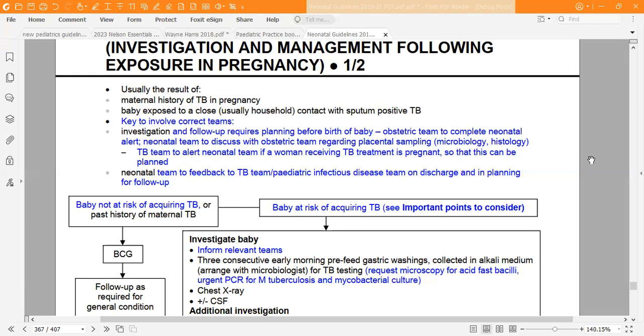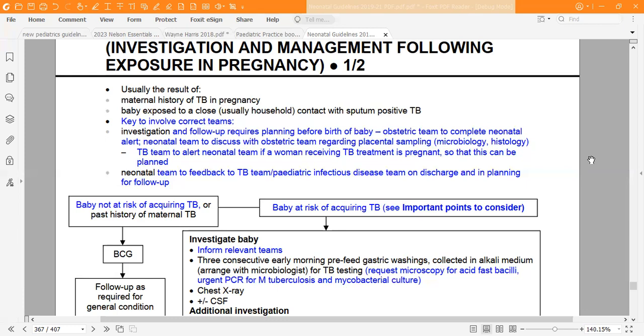Neonatal team to feed back to TB team, pediatric infectious disease team on discharge and in planning for follow-up. I guess this is the most important information to keep in mind for the pediatric clinical MRCPCH exam.